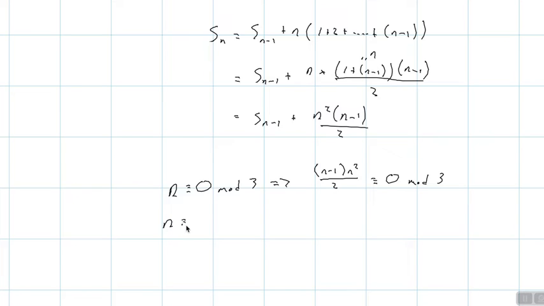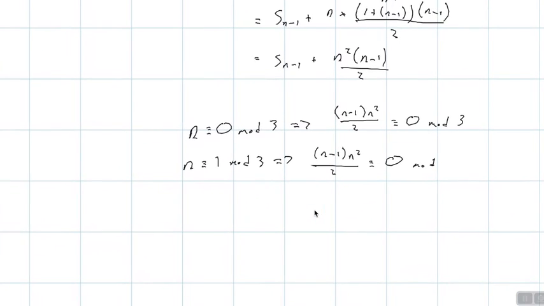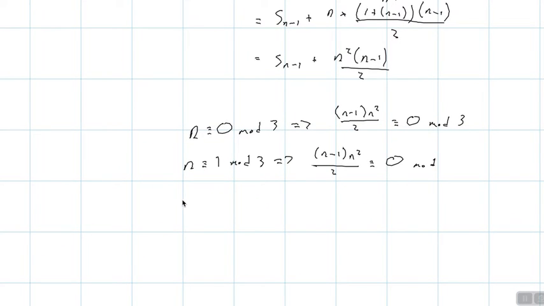Next, if n is equal to 1 mod 3, then this is also equal to 0 mod 3, because you plug a 1 in here, and that evaluates to 0. And lastly, we have n equal to 2 mod 3.